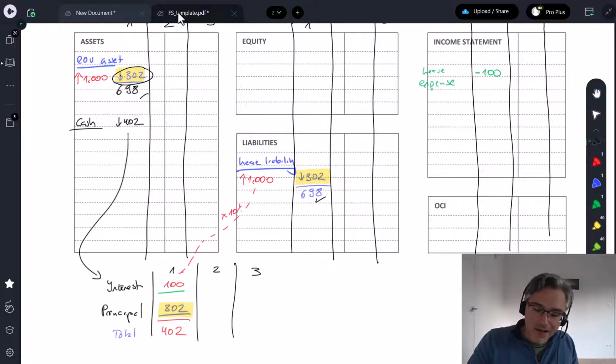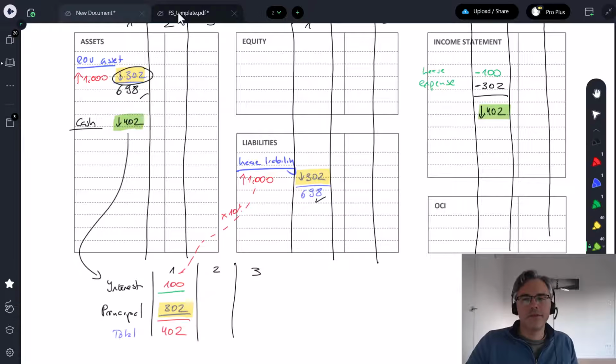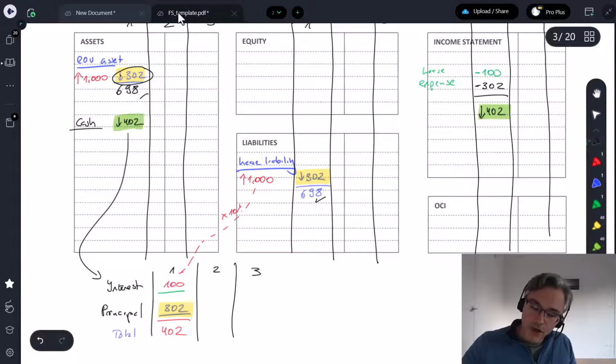Now, this amortization, which is equal to the principal repayment, also goes to the same line within P&L. It doesn't go to any separate line. So within P&L, you've got a total charge of 402, which, by the way, is the same as the cash paid. And that naturally impacts our equity negatively.